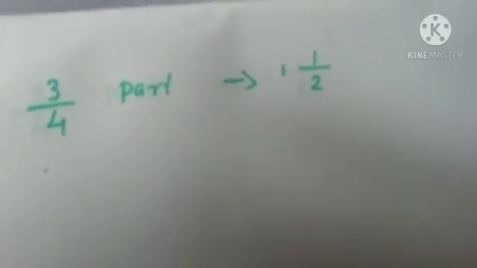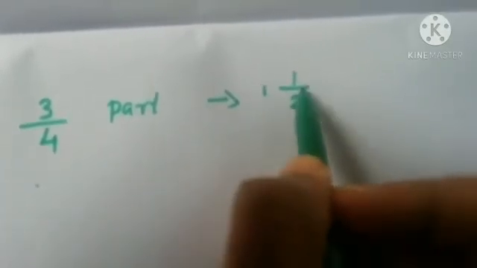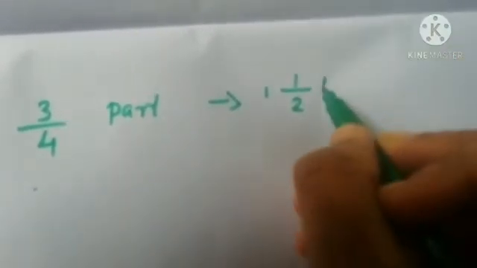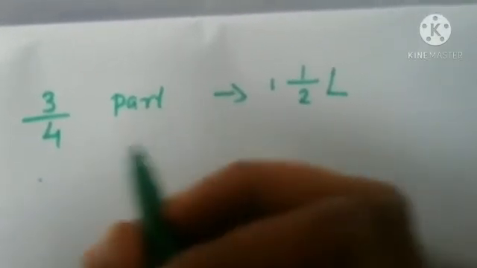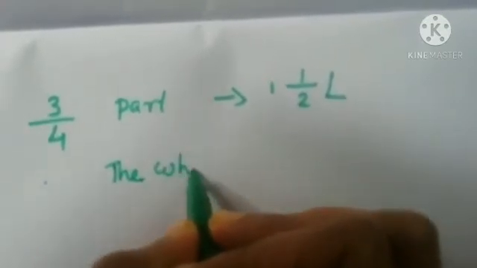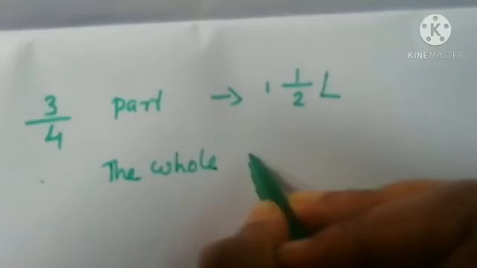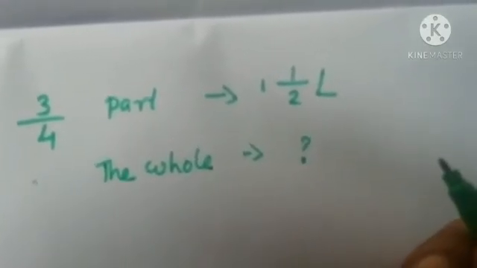From our question, the 3 by 4 part is filled with 1.5 liters of water. We need to find out how many liters of water the whole should be filled with.